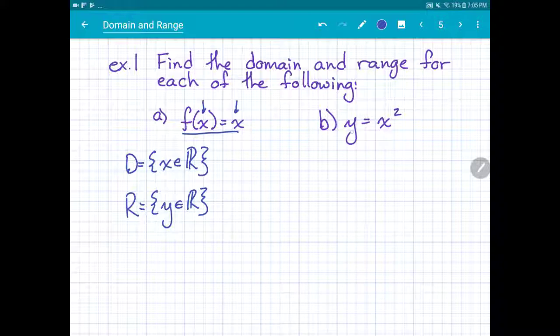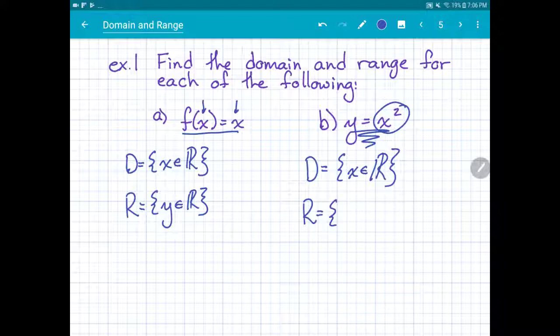Okay, now when you square a number, so if we look over here, we've got the domain equals, well, what numbers are you allowed to square? You can square any number you want, no matter what the number is. So once again, we're just going to have the domain as being anything you want. And when we come over here, though, the range is not anything, because when you square a number, if it's positive, a positive times a positive will give you a positive.